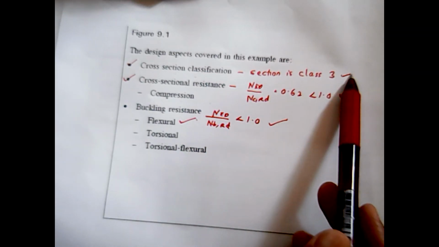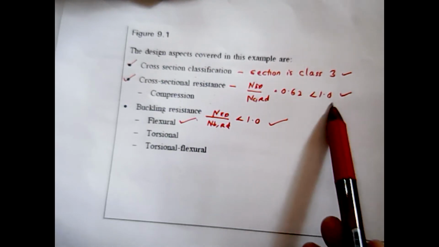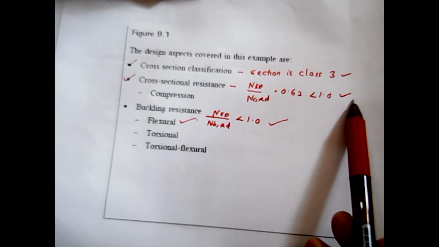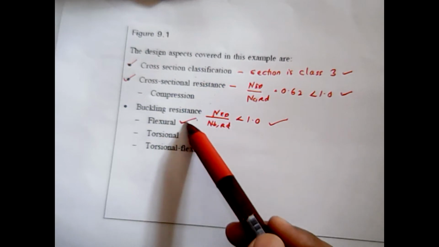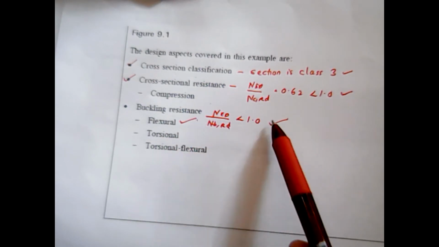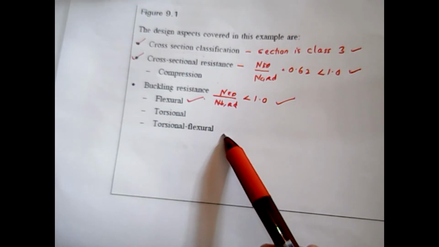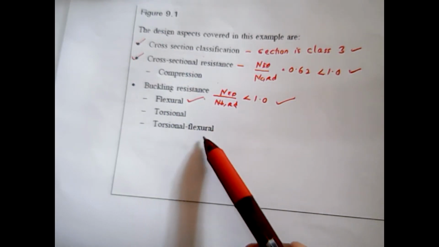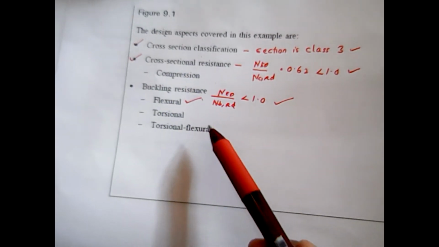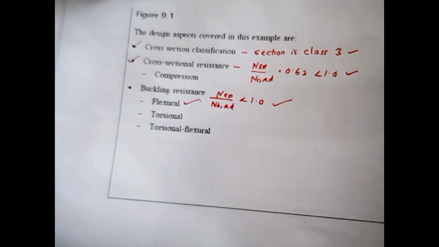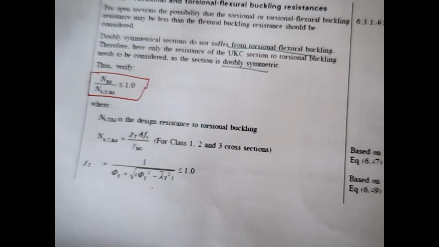So far we can confirm that your column complies with the cross-section classification, it complies with the compression resistance design, and in terms of the flexural buckling resistance, it also complies. So there are two more checks that need to be carried out, which are the torsional and torsional flexural resistance. For this, you need to refer to clause 6.3, which is this.